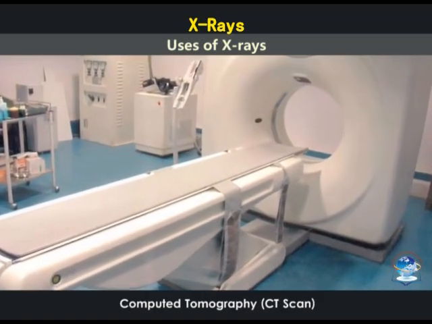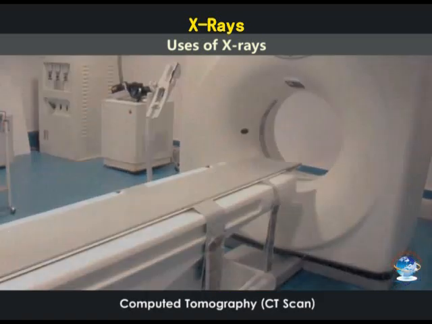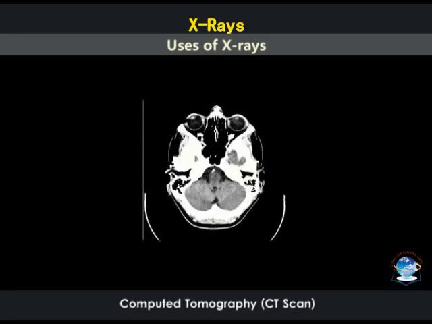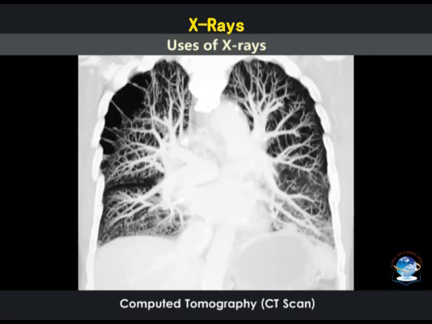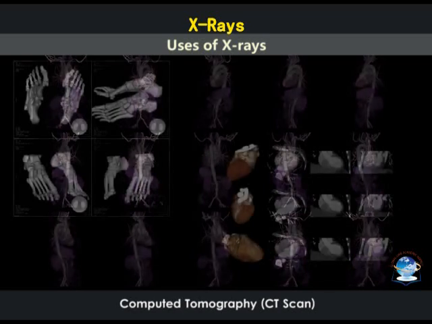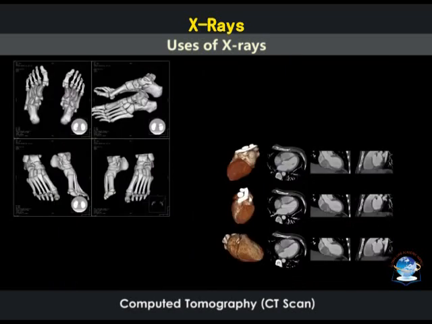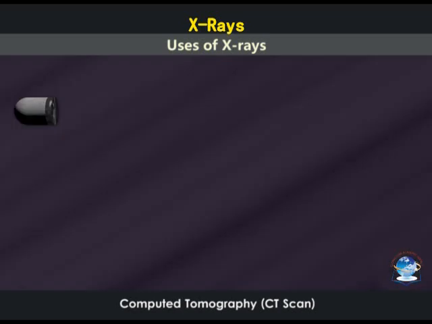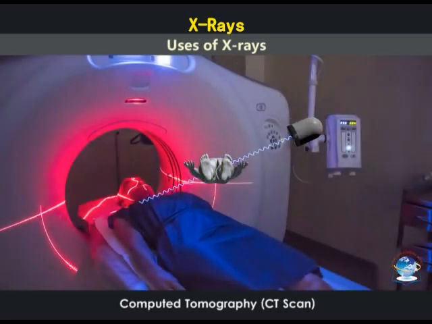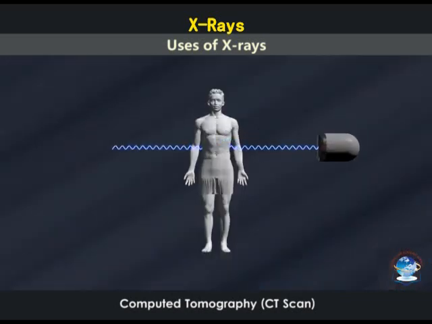Computed tomography or CT scan is an X-ray procedure that creates cross-sectional images with the help of computer processing. CT images are more detailed than conventional X-ray images and reveal bones as well as soft tissues and organs. A conventional X-ray uses a fixed tube that sends X-rays in only one direction, while a CT scanner uses a mobile X-ray source that shoots narrow beams of X-rays as it rotates around the patient.